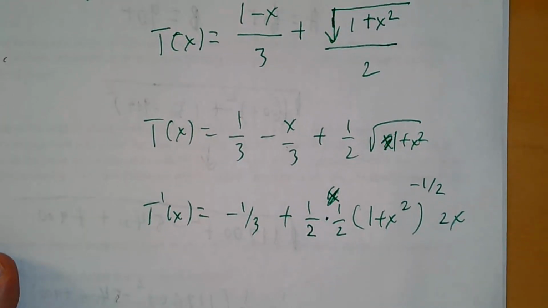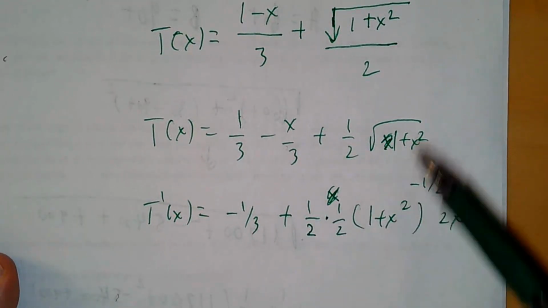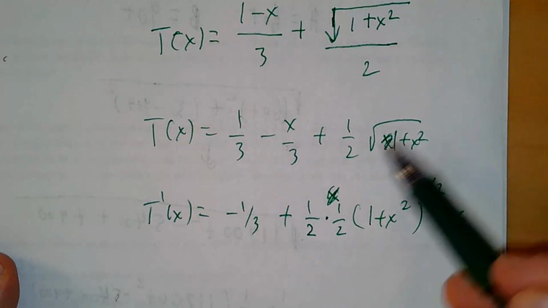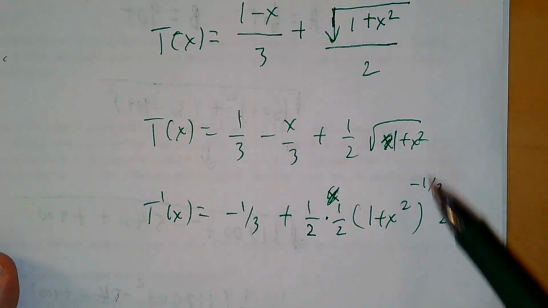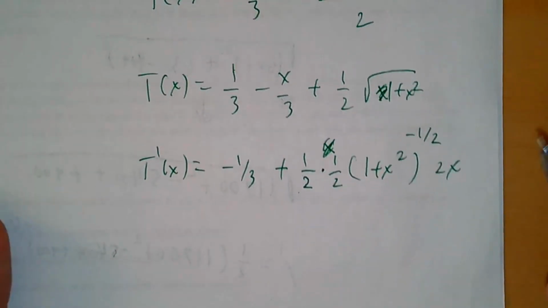Just to break that down for you, the 1/2 comes from taking the exponent 1/2 down up front. This negative 1/2 comes from subtracting 1 from that exponent, and the 2x is the derivative of the inside.